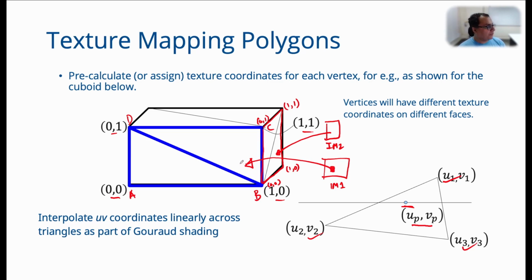The fragment, when it maps to the screen, becomes a pixel. However, the point corresponding to it on the image is called the texel. So texel is just the pixel from the texture mapped image that gets mapped onto the surface.